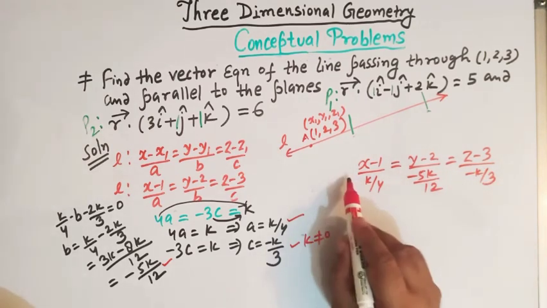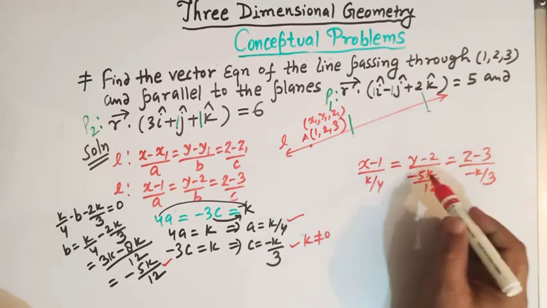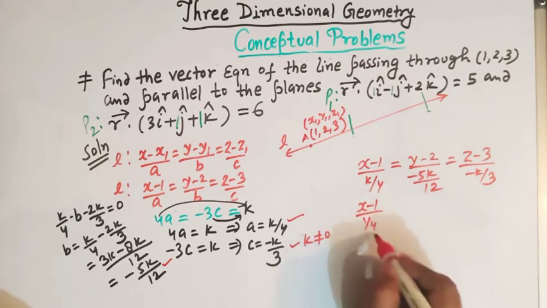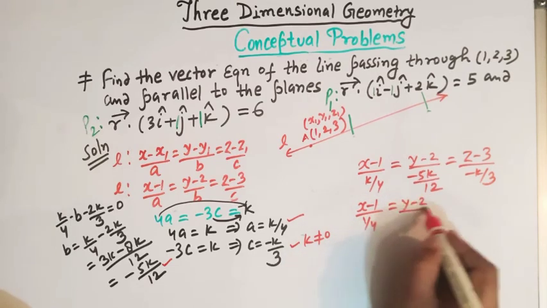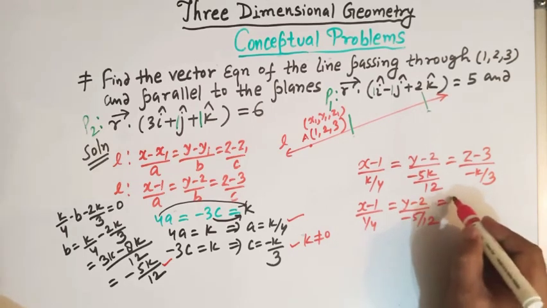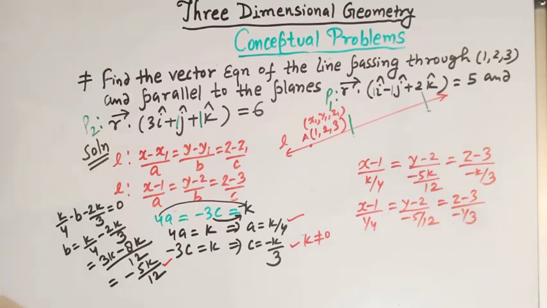Now dividing throughout by k, we have (x minus 1) divided by 1 by 4, this is (y minus 2) over minus 5 by 12, and we have (z minus 3) divided by minus 1 by 3, right?